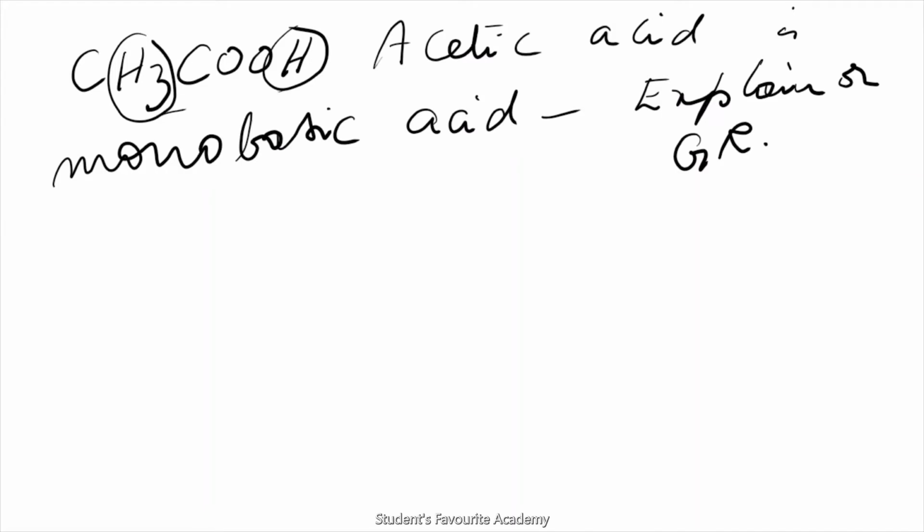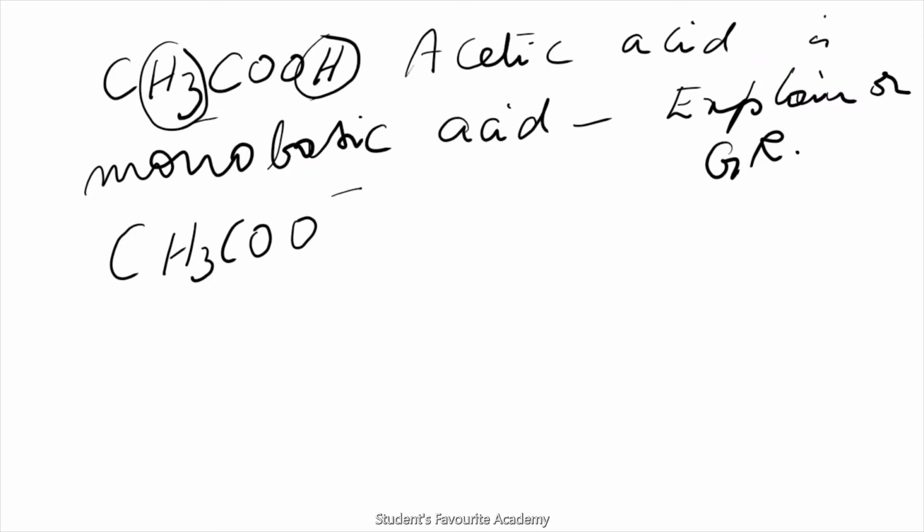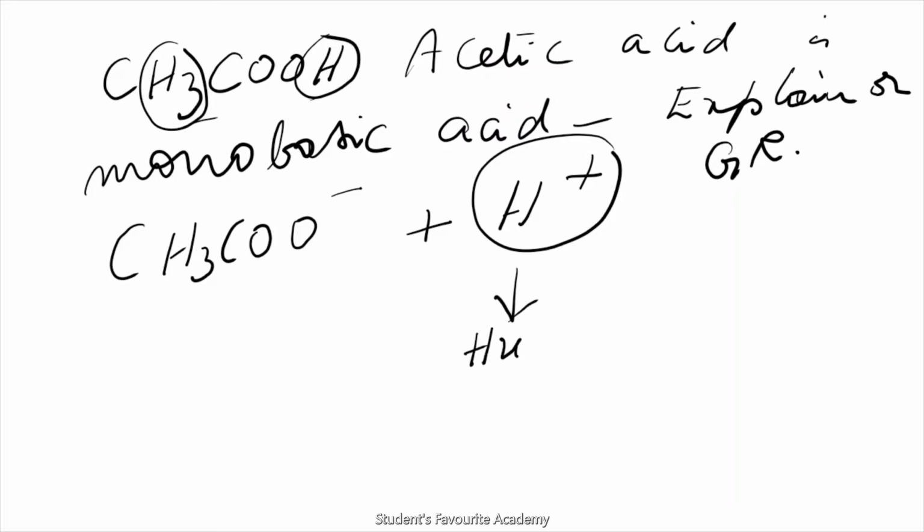when it dissolves in water, it breaks up as CH3COO- and H+ ion. So it produces per molecule only 1 hydrogen ion, and this 1 hydrogen ion reacts with water and forms 1 hydronium ion.